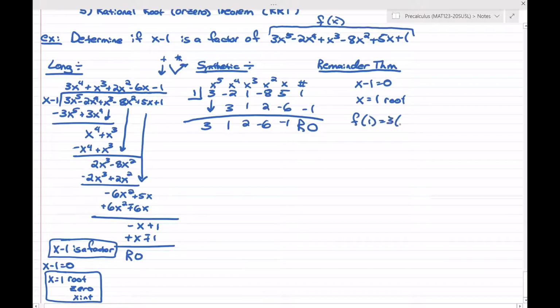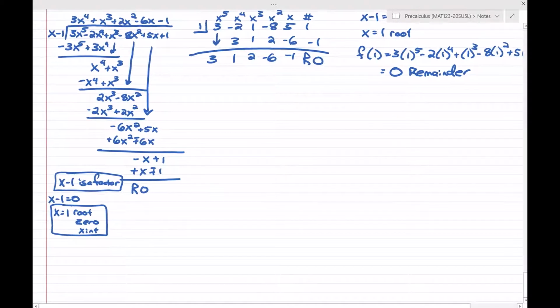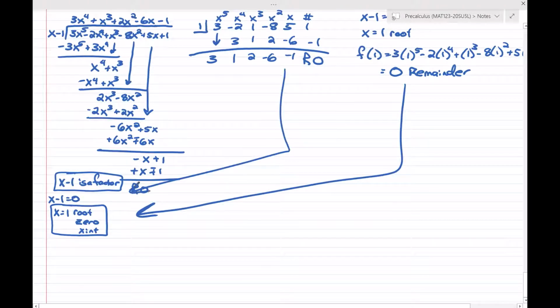That would be 3 times 1 to the fifth minus 2 times 1 to the fourth plus 1 to the third minus 8 times 1 squared plus 5 times 1 plus 1. If you type that into your calculator, you get 0, which is the remainder. So all three of these techniques point us to the same answer. Is it a factor? Yes, it is.